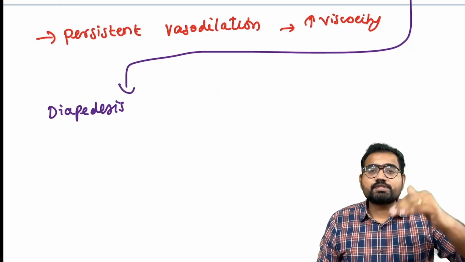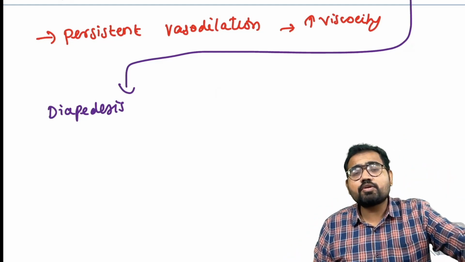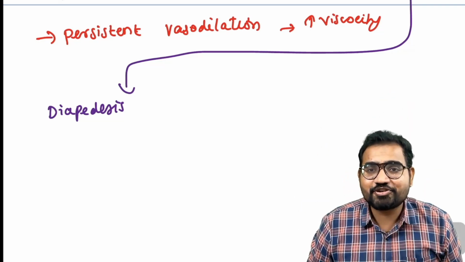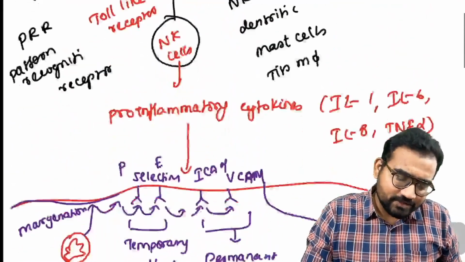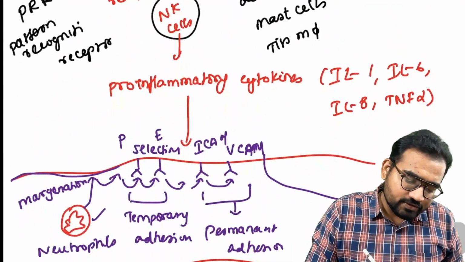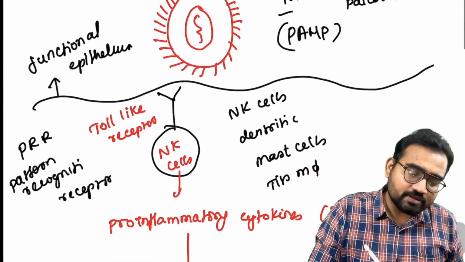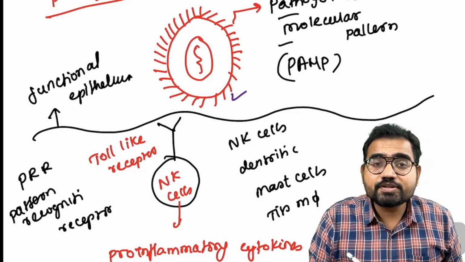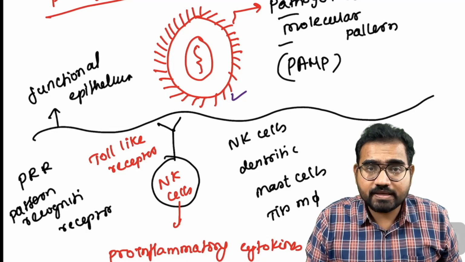Once the neutrophils come out, they have to reach the site of the bacteria to destroy it, right? That is when it is going to destroy the bacteria, isn't it?